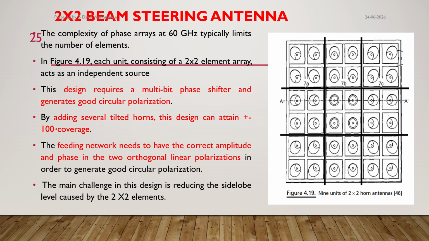By adding several vertical horns, this design can attain this under the situation. The steering network needs to have the correct amplitude and phase in two orthogonal linear polarizations. The main challenge is to design to reduce the side lobe, resulting in an optimal 2x2 element.